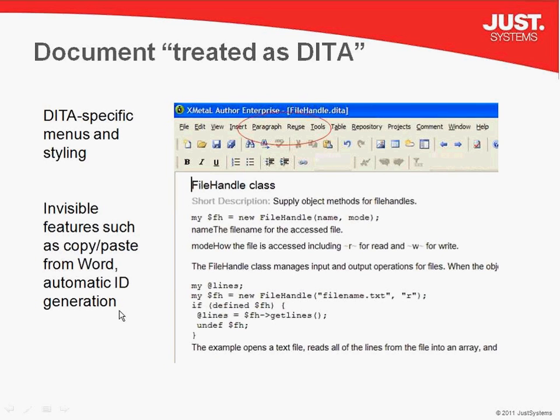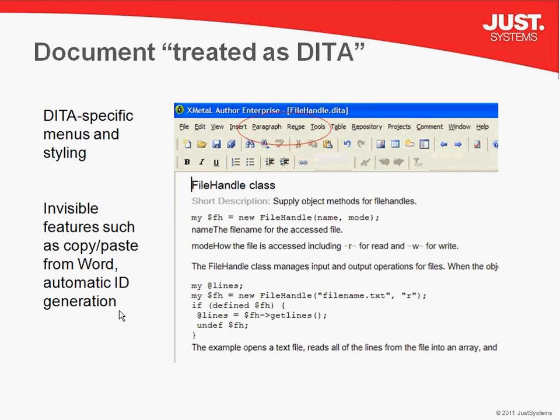It also means that if you're copying and pasting from a Word document into a DITA document, it's going to do that transform of Word content into DITA, that you're going to have features like automatic ID generation, and you're going to have things like smart paste when you copy and paste within a document. You want to have all of those features. There's no advantage at all in not having these features.